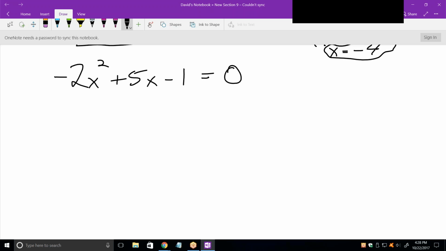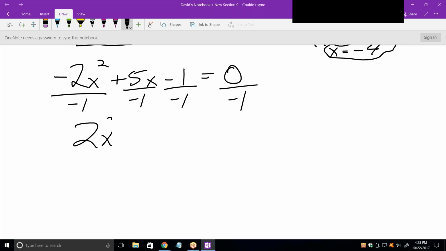How do I do that? We'd put it on the other side. I could put everything on the other side, but there's really an easier way to do it, and that's divide every term by minus 1. Including that. Now it becomes 2x squared minus 5x plus 1 equals 0.